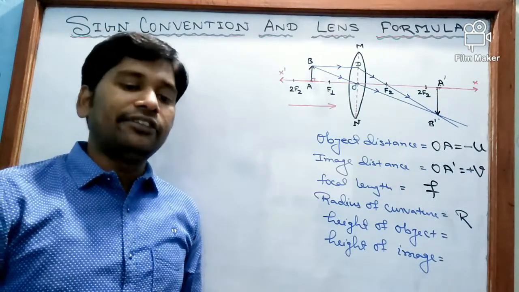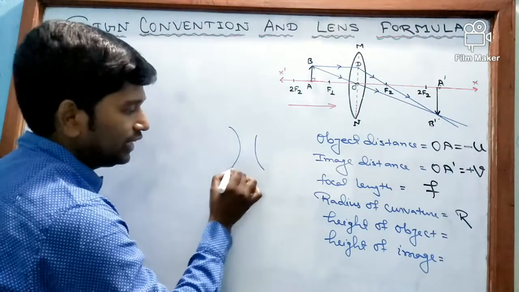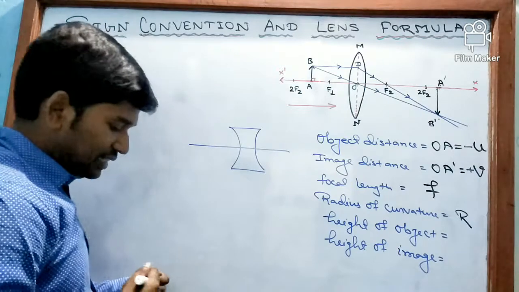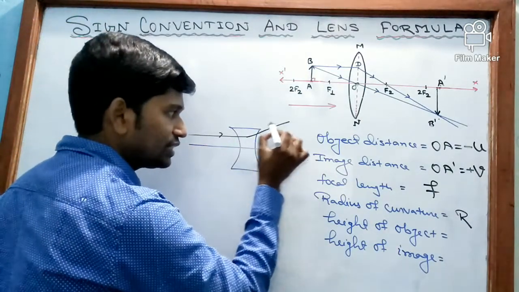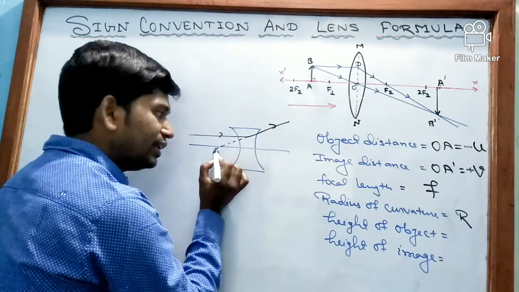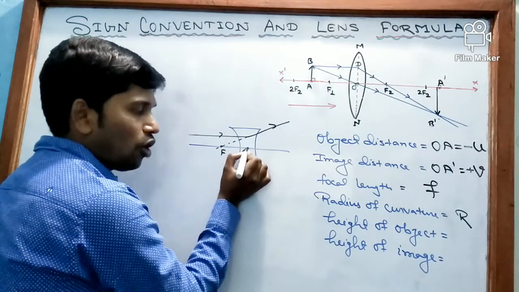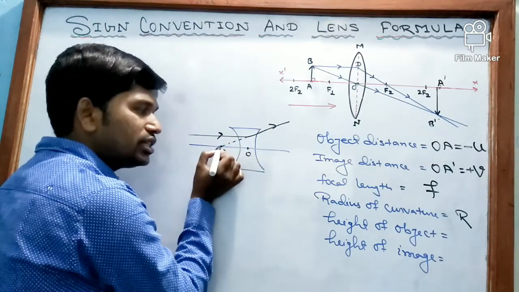See, for concave lens, if a ray of light is incident parallel to the principal axis, it diverges, and if we produce it in the backward direction, then the focus is this one, and the optical center is this. So we are measuring in the direction opposite to the incident ray.